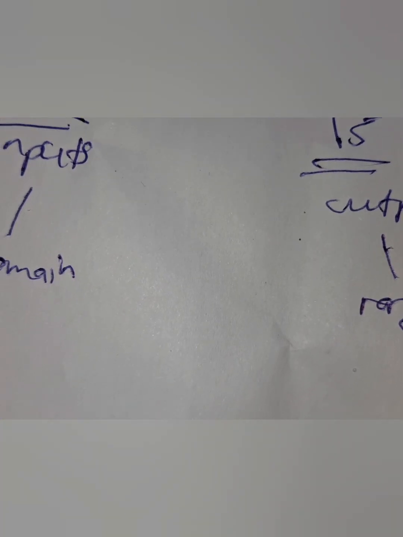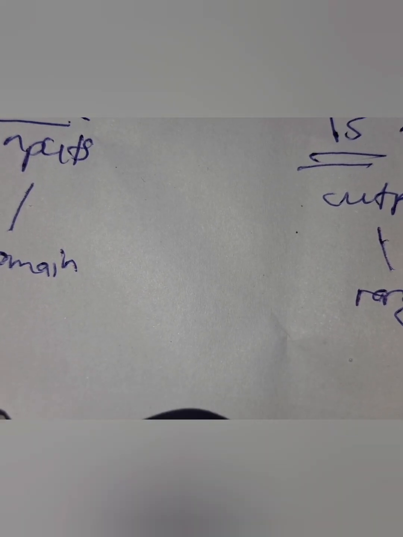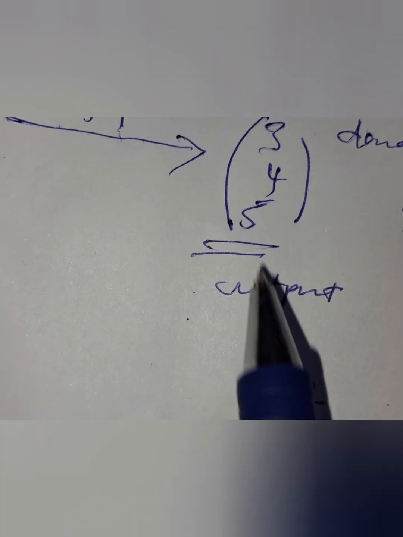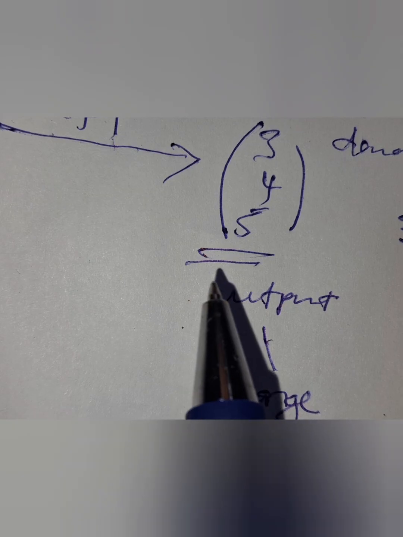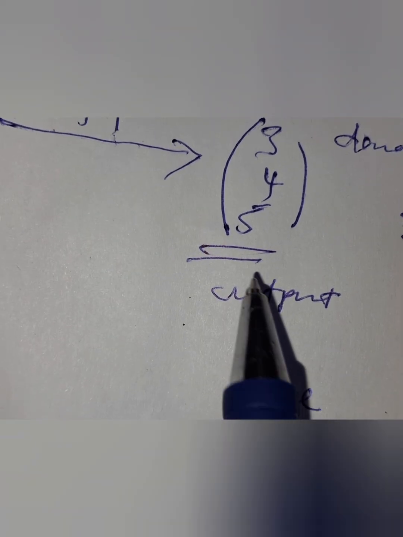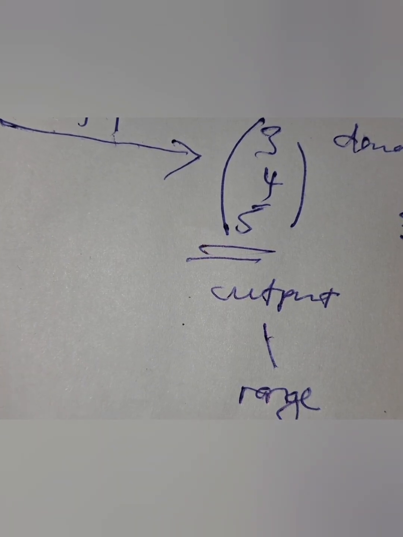So what do we have here? We have 3, we have 4, and 5. And these were the range from another function. But we want a function that maps them back onto the input.